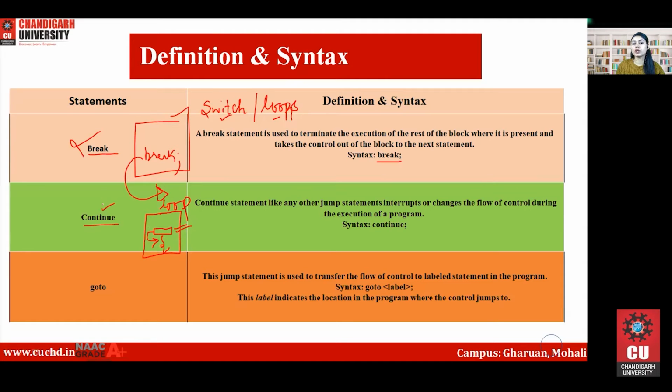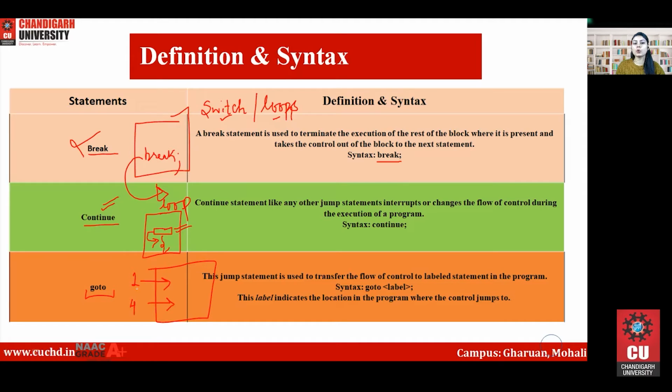and will force the compiler to continue the iteration. Similarly, we have a statement which is goto. What we do in goto is transfer the control of my program to a particular label. Let's suppose I am on line number 1, and from line number 1 straight, I want to shift to line number 4.